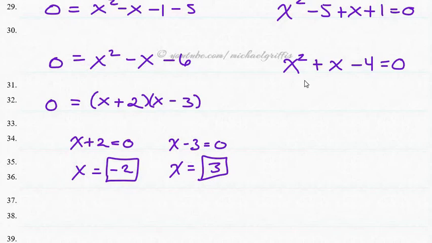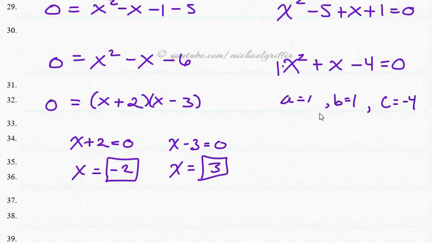Now, this one is going to take the quadratic formula, it looks like. So a is 1, that's this coefficient here. B is 1. And C is negative 4.